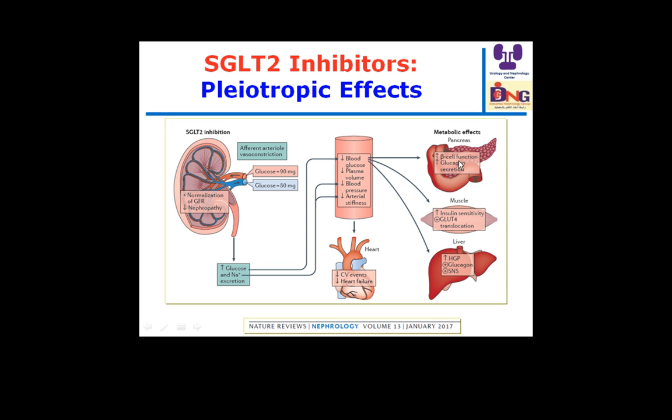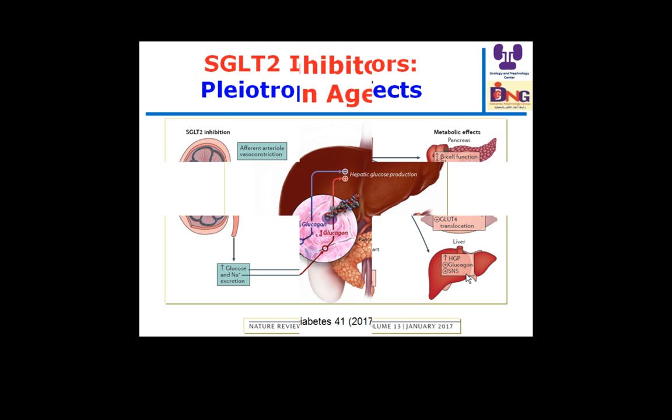And this is the action on the muscles, increasing insulin sensitivity, and on the liver, increasing glucagon from pancreas will lead to increasing gluconeogenesis by liver, and this is one of the important points. So if we look panoramically at the actions, there are a lot of beneficial effects, but we think that increasing glucagon has some hazards.